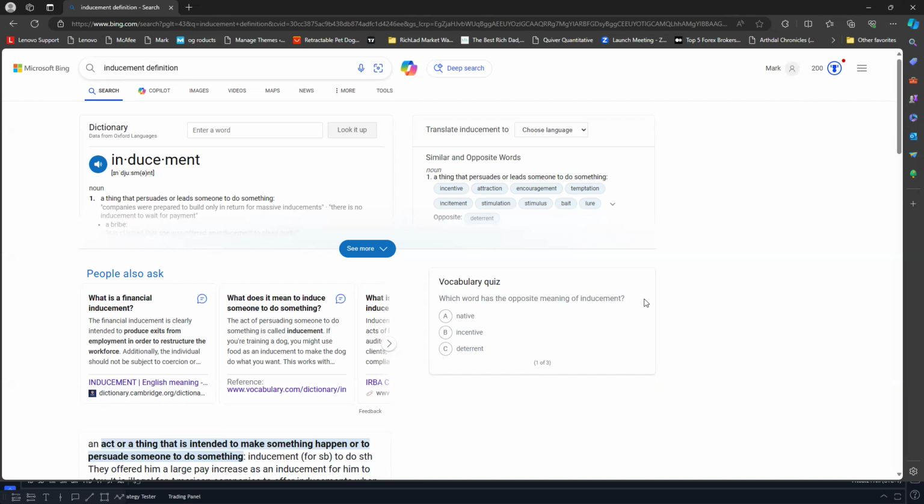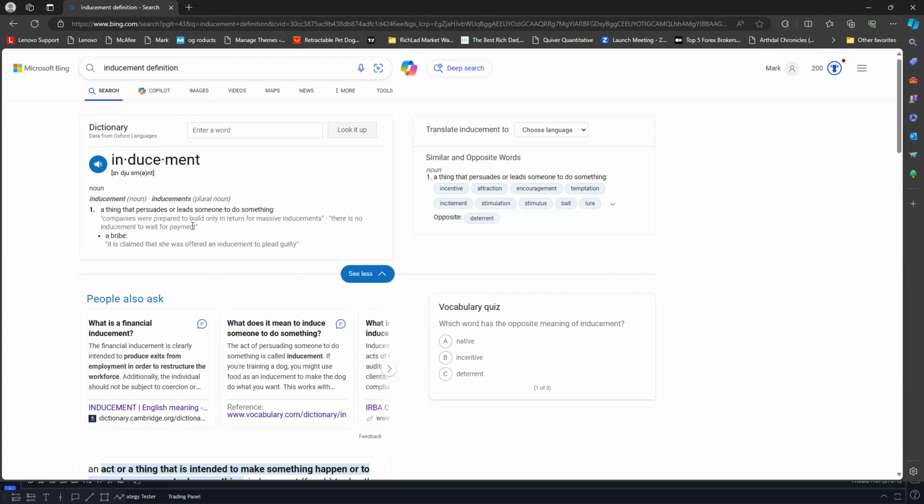So if you take a look at the inducement definition, inducement simply means a thing that persuades or leads someone to do something. They give an example here: companies were prepared to build only in return for massive inducements. Another definition is simply a bribe.